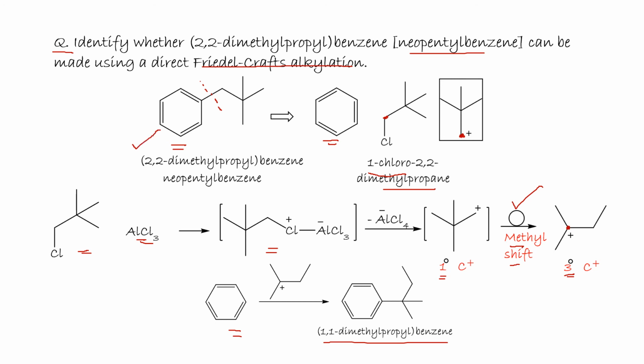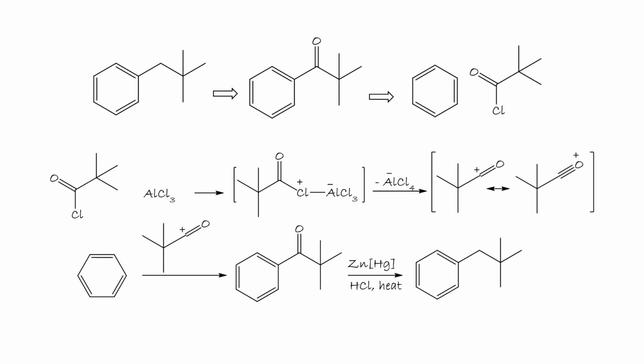How can we do it? Okay, if we start instead of the CH2 with C=O, which has no rearrangement, then again cut in here. So we need this acid chloride with benzene in the presence of Lewis acid.